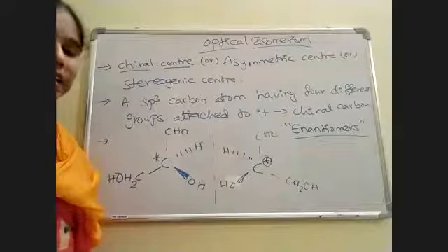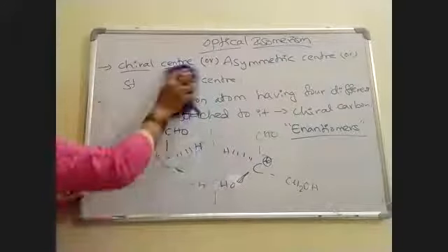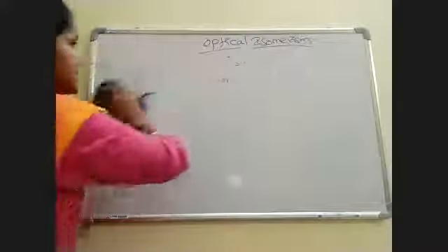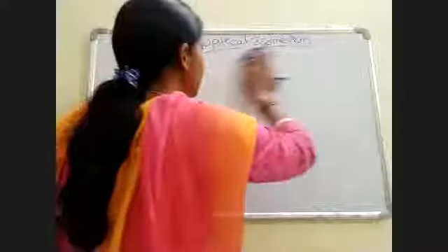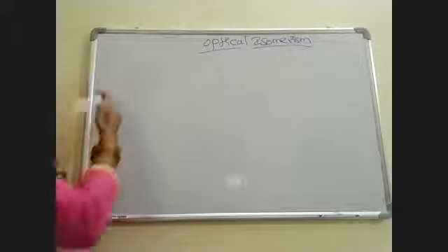So let us learn another new term, chirality. Chirality is the property of a chiral molecule. Chirality is a necessary and sufficient condition for showing optical activity.